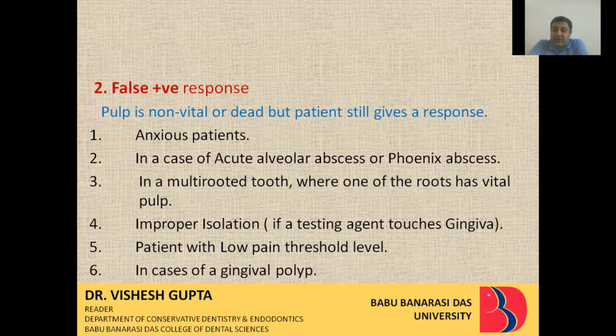Next case is the patient with low pain threshold level. Next, it is evident in the case of gingival polyp. What is a gingival polyp? A gingival polyp is nothing but a hyperplastic condition of the gingiva. It is excessive growth. In this case also we get a false positive response.